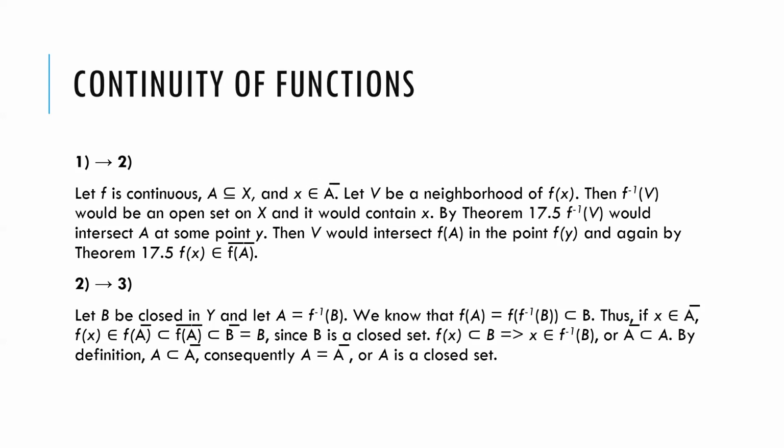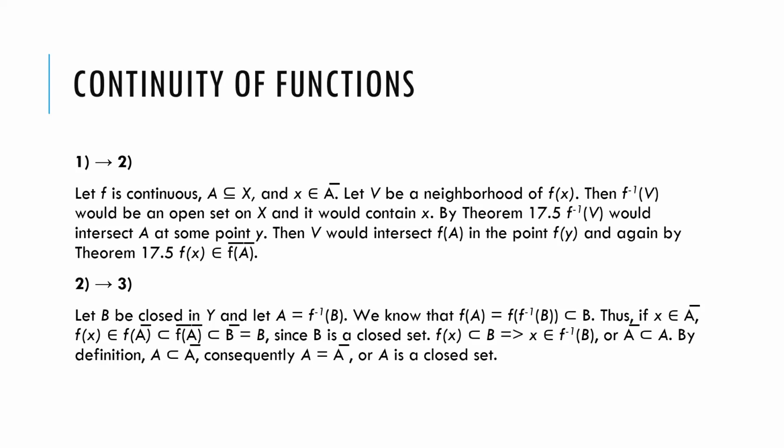By theorem 17.5a, which we can find on page 96, if A is a subset of the topological space X, then x belongs to the closure of A if and only if every open set containing x intersects A. So the inverse image of V should intersect A at some point y.